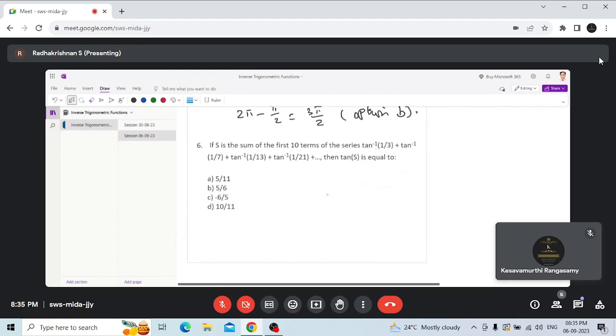Tan inverse of 1 by 3 plus tan inverse of 1 by 7, try to write it as a general term. This series 1 by 3, 1 by 7, 1 by 13, try to get the nth term and write it as tan inverse of the nth term. Then you can simplify and this whole series will get simplified.